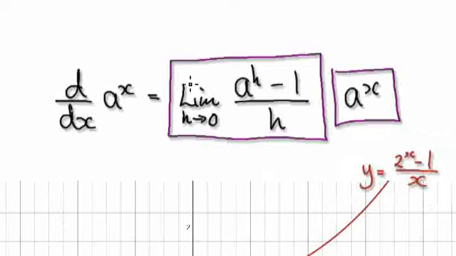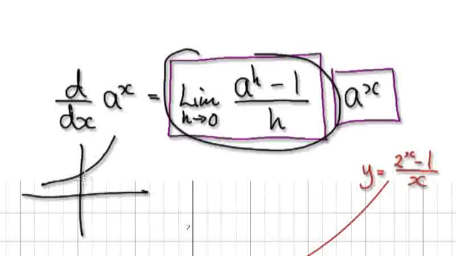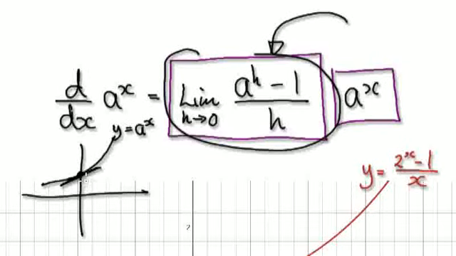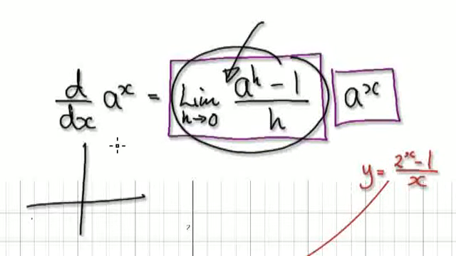Another way of understanding this block is to understand the gradient of y equals a to the power of x at x equals 0. Okay, so now we have two ways of trying to understand this thing here. The new way is you trying to understand the gradient at x equals 0.